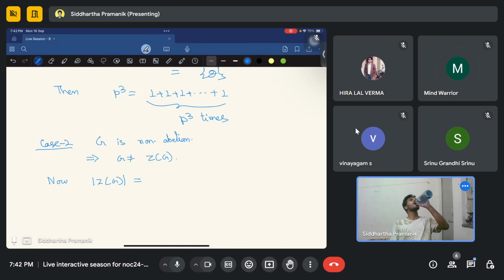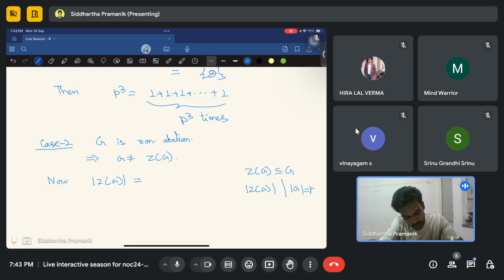Only one, or are there other possibilities? Z(G) is a subgroup of G. So by Lagrange's theorem, the order of Z(G) should divide the order of G, which is PQ.